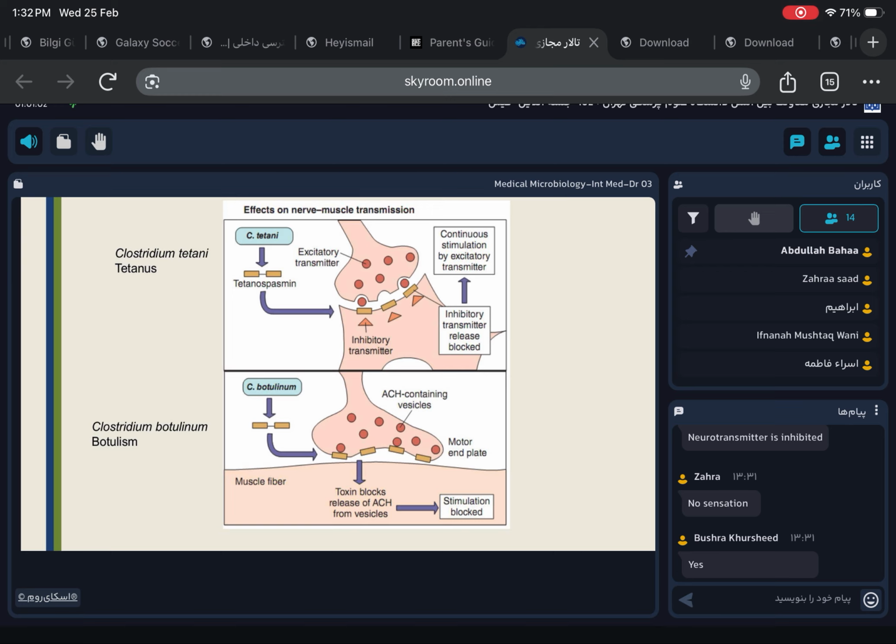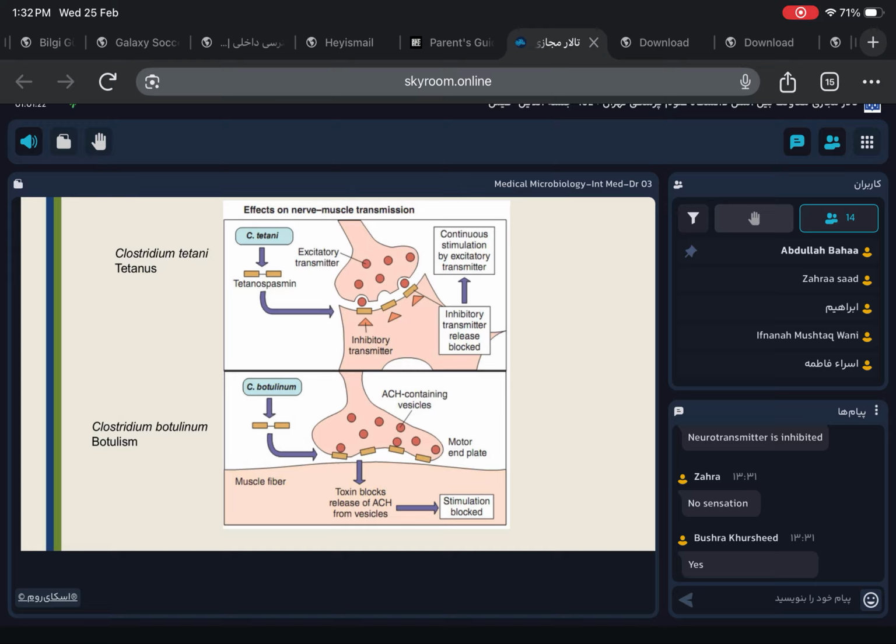It produces an AB toxin. Again, this toxin affects neurons. As you can see in this image, this AB toxin inhibits the release of acetylcholine. And it means that stimulation of the muscle is blocked.